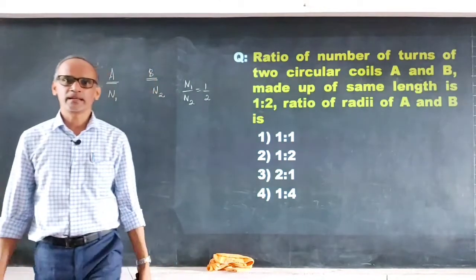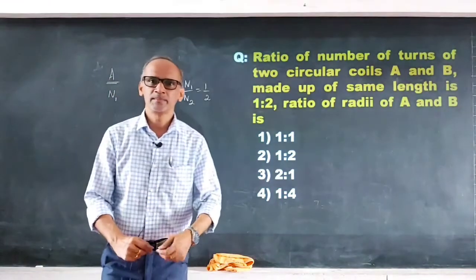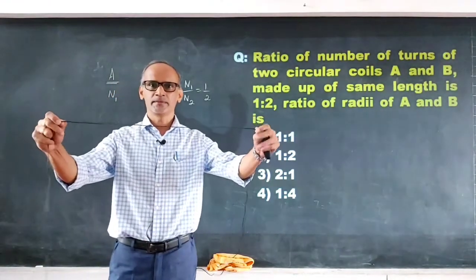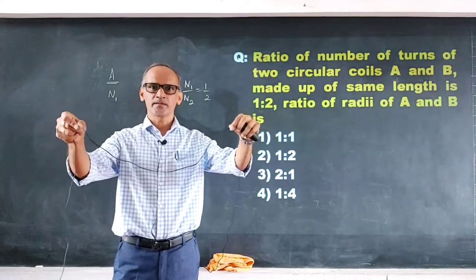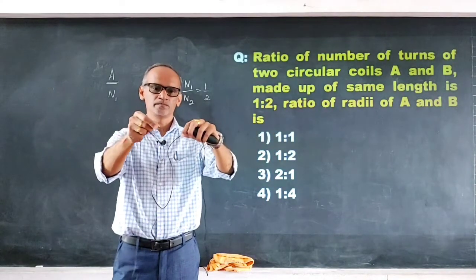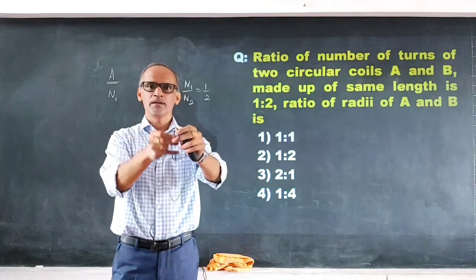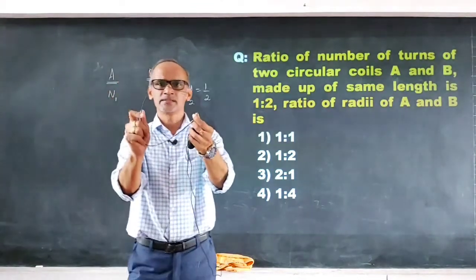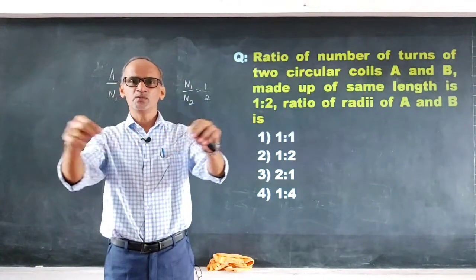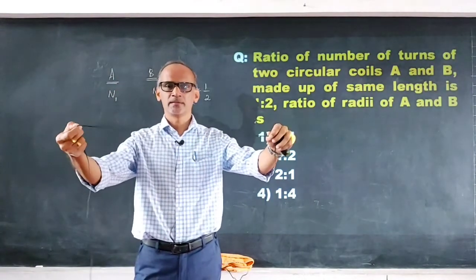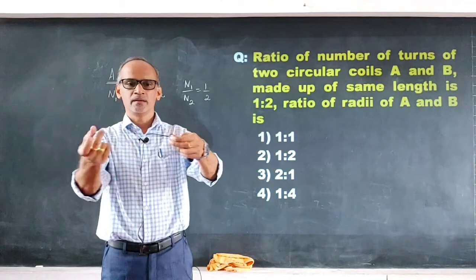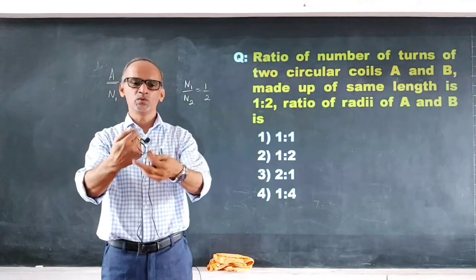So let me demonstrate how we can make use of the same length. So I'm going to use a wire here. See, wire of certain length, this is the wire, okay? And I'm going to bend it to form a circular coil of one turn. See, just one turn with some length. Now I will use the same length to bend the coil so that I will form two turns.